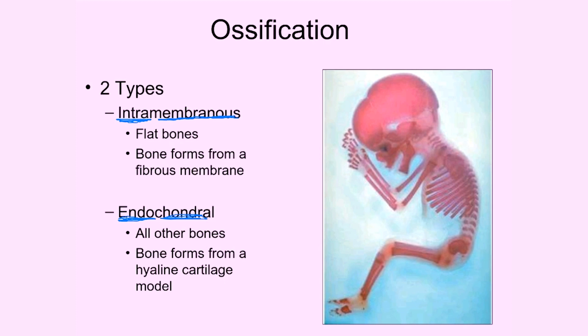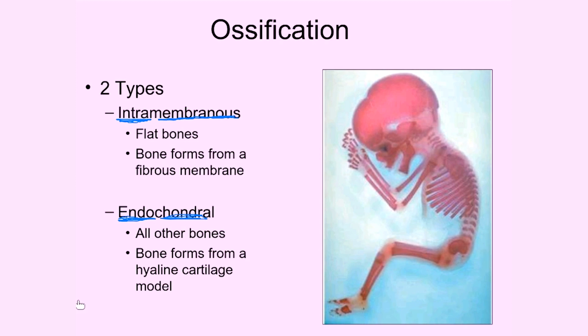If you look at the picture that we have again over here of this fetus that's forming, you'll notice that we've got a lot of long bones and irregular bones, and these types of bones primarily form through the endochondral ossification mechanism. And you can see, for example, if you look down here at the lower leg bones, and then this area of the knee and the upper leg bones, we've got bone that's forming from a hyaline cartilage model, and then we've got areas of that hyaline cartilage model where the bone hasn't completely formed, where we're still just looking at cartilage.